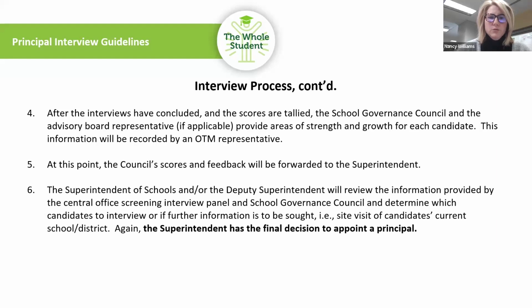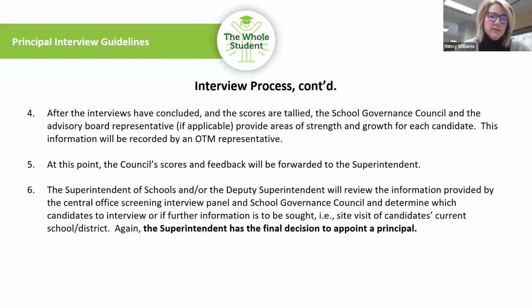Usually what happens is the superintendent coordinates with the deputy superintendent to review all the information, make sure there isn't anything that's outstanding or that they would like to find out some more information on. And then the superintendent will, in consultation, determine which candidates to interview one-on-one.